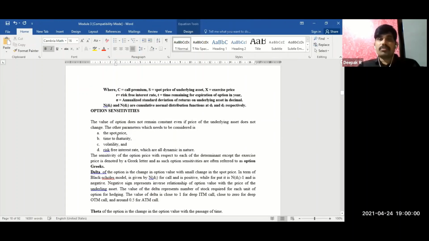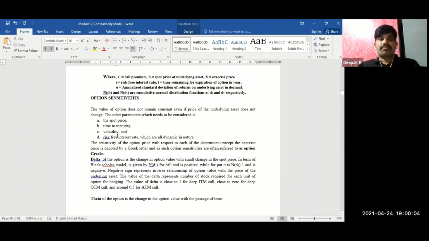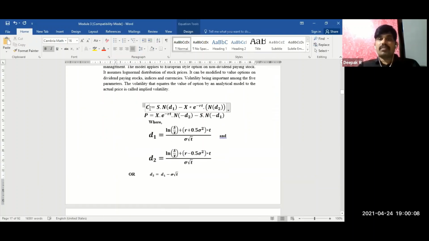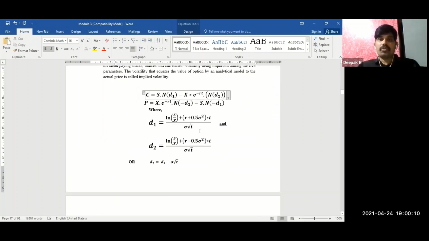In terms of options, the option pricing is sensitive to time period, to standard deviation, to spot prices, and to all these aspects.